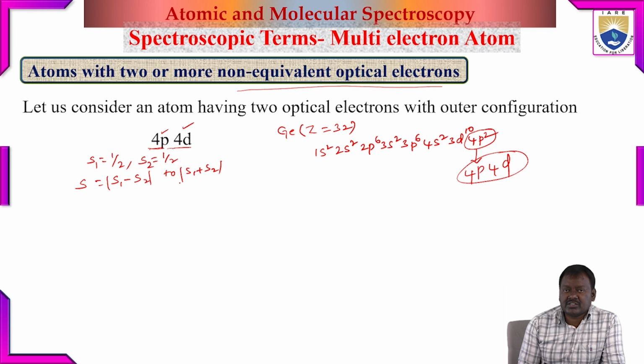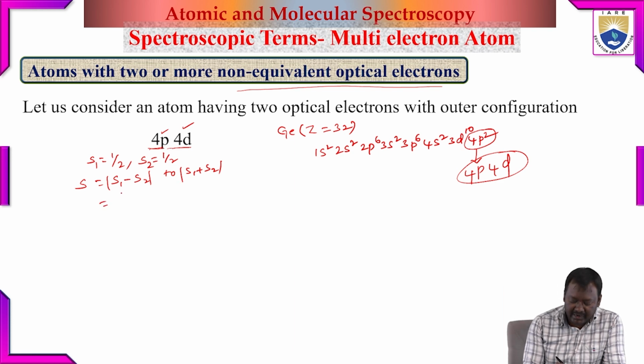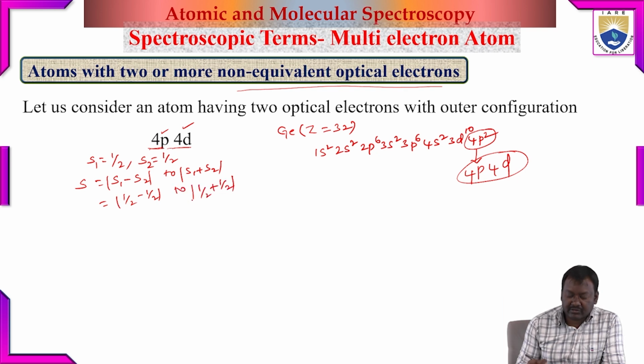As these two values are the same, we get 1/2 minus 1/2 to 1/2 plus 1/2. This is the procedure to find the total spin angular momentum quantum number. So S should be either 0 or 1.